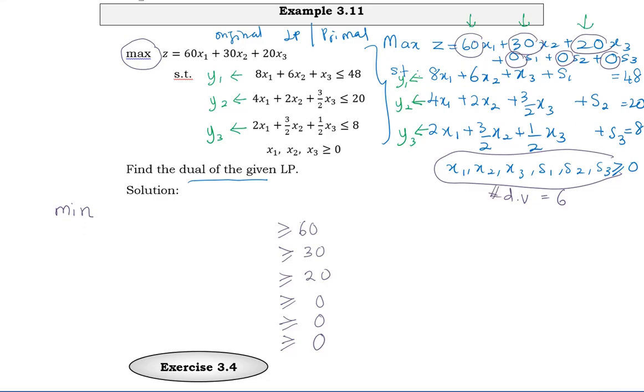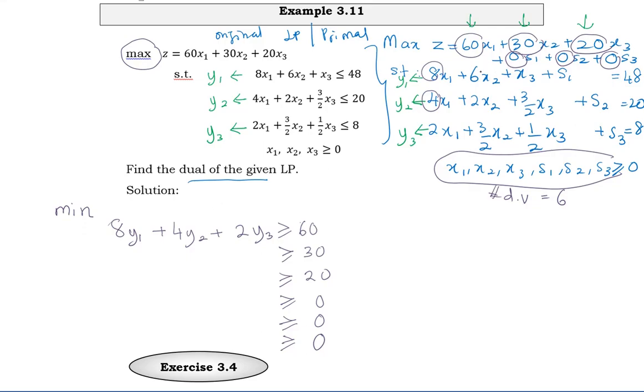So 60, and then 8y1 plus 4y2 plus 2y3. Okay, for the second constraint or row, it will come from the second column from the primal.